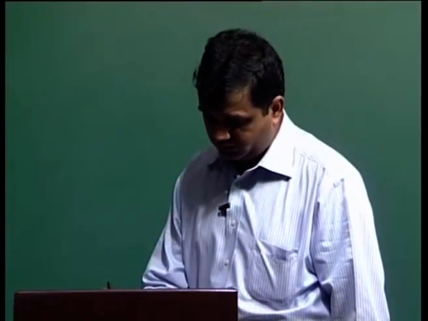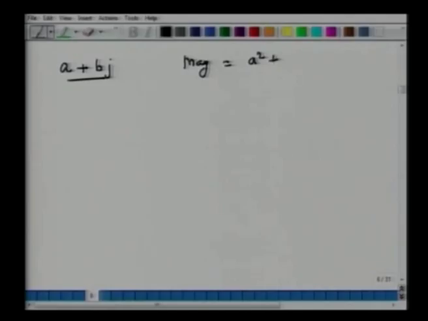So the magnitude is the square root of a square plus b square. Similarly, the angle theta will be tan inverse of b over a. So this is my theta.